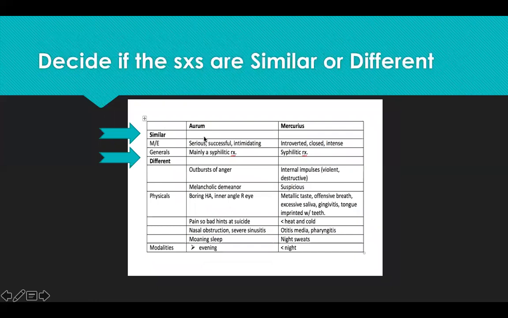is to decide whether the symptoms that I've directly compared are similar or different. So I've put a syphilitic remedy, obviously goes in similar, and I put serious, successful, intimidating with introverted, closed, and intense. They're not exactly the same, but they're comparable. Now, outbursts of anger, you could decide whether it's similar or different. That's fine.